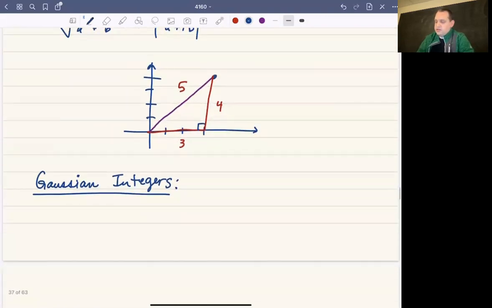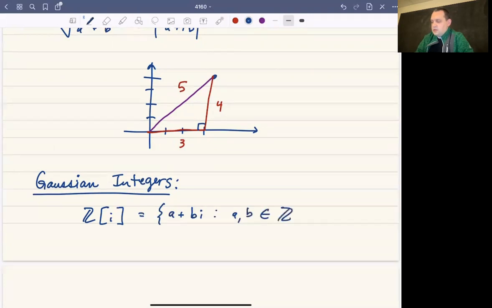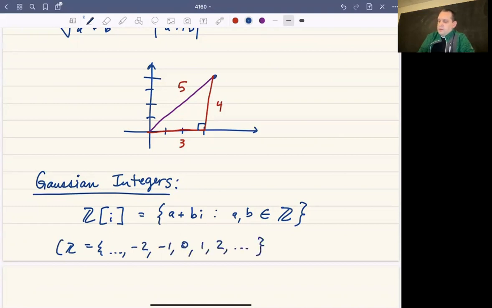If you've taken an algebra class, this is a ring, but it is basically just the set of numbers of the form a plus ib, where a and b are integers. Just recall that the integers are the positive and negative whole numbers and 0. 0 is neither positive nor negative.